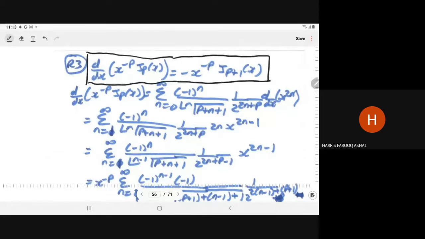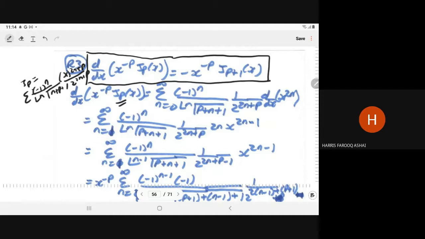In this again we have nothing to do except write Jp. Jp is equal to summation of minus 1 to power n upon factorial n gamma of n plus p plus 1, and x by 2 to power 2n plus p.